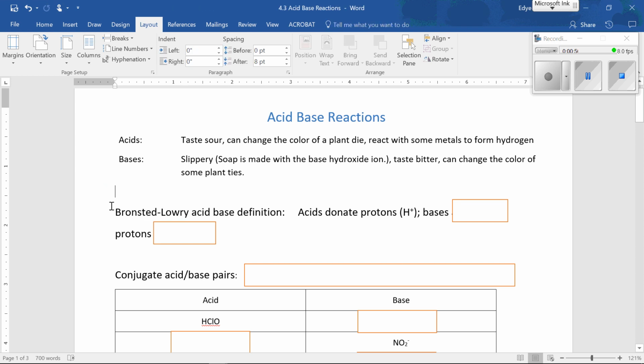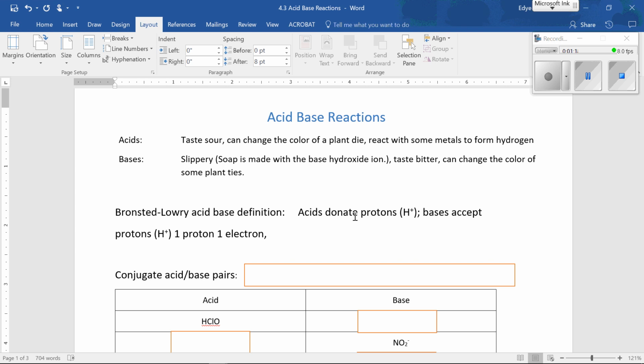There's something called the Bronsted-Lowry acid-base definitions. We have 3 different definitions, but we're just going to go with the Bronsted-Lowry definition for this class. That definition is that acids donate protons, bases accept protons. Protons are H pluses. An H atom would have 1 proton and 1 electron.